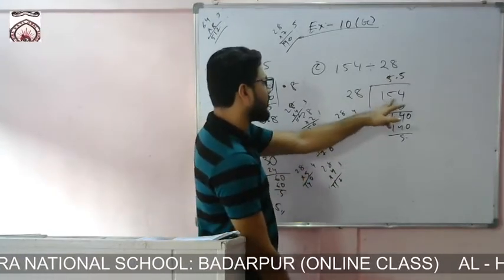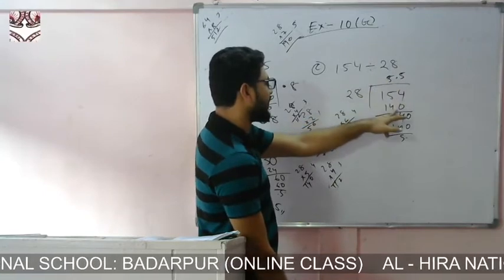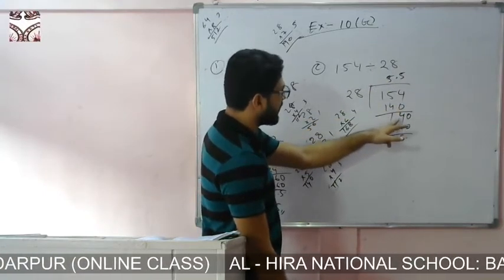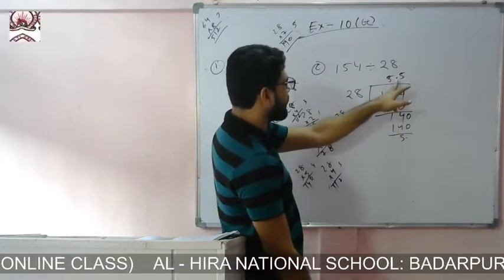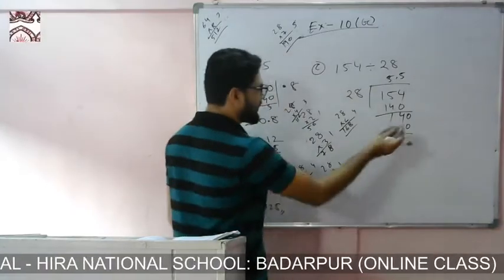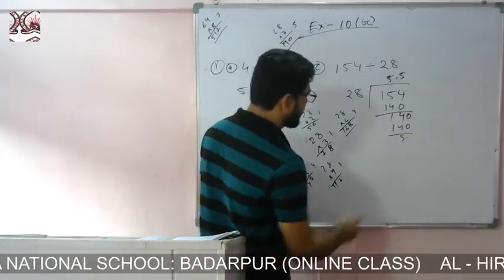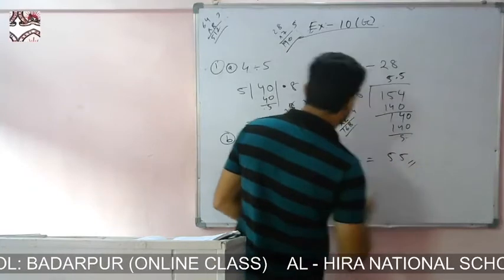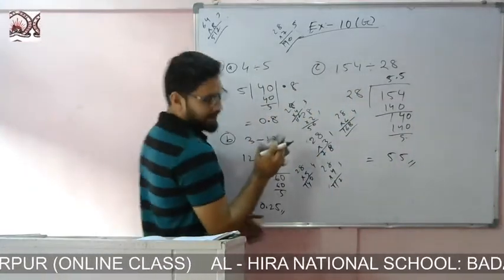So it is greater than 154. So 28 5s are 140. After that, if you subtract, then we will get what? 14. So we'll put 1 point, we'll bring 1 0, then 5s are 140. Okay, so that is the answer. You can write 5.5.